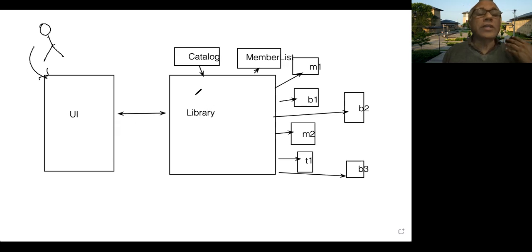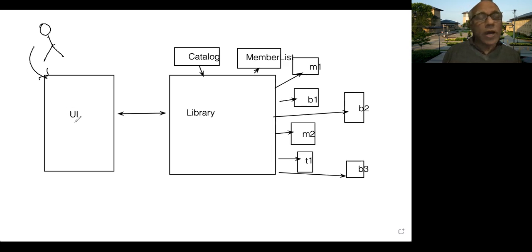When given a certain operation like issue book, the library would consult a member list, it would consult catalog, figure out who the member is, who the books are, and then create transactions, etc., do lots of stuff. But the UI is completely oblivious of this. It doesn't know exactly how the library is carrying out all these things.